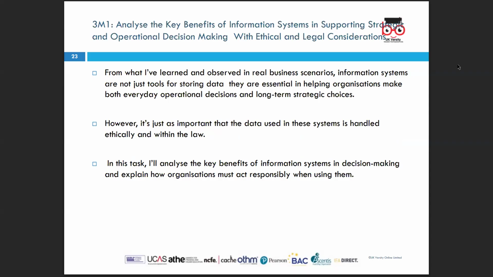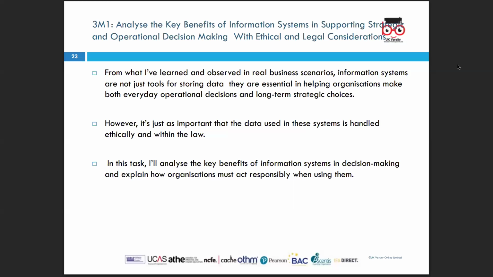We've now come to our merit activity, where we're going to analyze the key benefits of information systems in supporting strategic and operational decision making. From what we've learned and observed in real business scenarios, information systems are not just tools for storing data. They're essential in helping organizations make both everyday operational decisions and long-term strategic decisions.